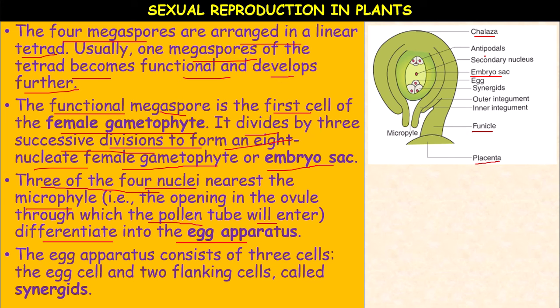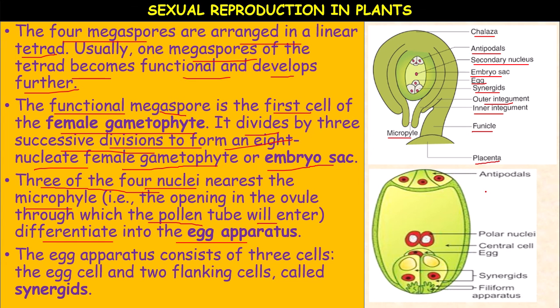In this, 8 cells are present: 3 antipodals, 3 synergids and 1 egg cell, and another one, the secondary nucleus. There are 2 integuments, the outer integument and the inner integument. This is the opening of the ovule, called the micropyle. So this is the embryo sac.